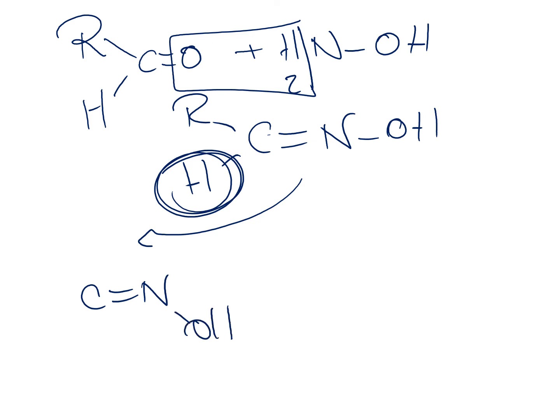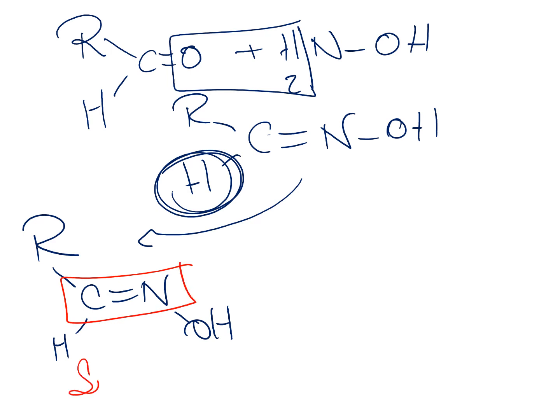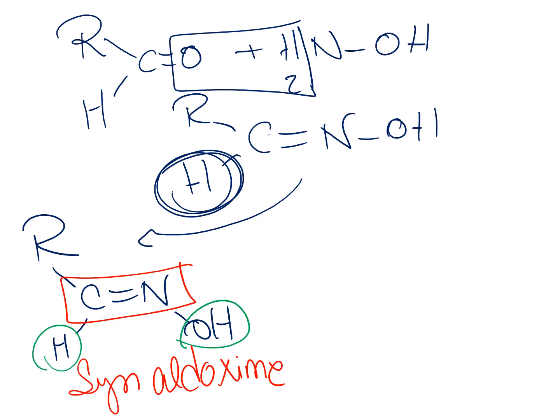If you have this isomer where the hydroxyl group and the hydrogen are on the same side of the double bond, this is your syn-aldoxime, which is much easier than ketoximes because in case of ketoximes you're looking at two different groups. However, in case of aldoximes, you are only looking for the hydrogen versus the hydroxy group.